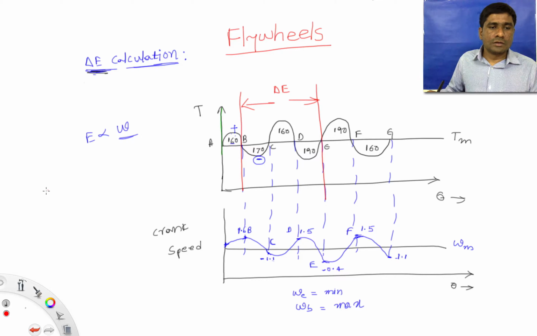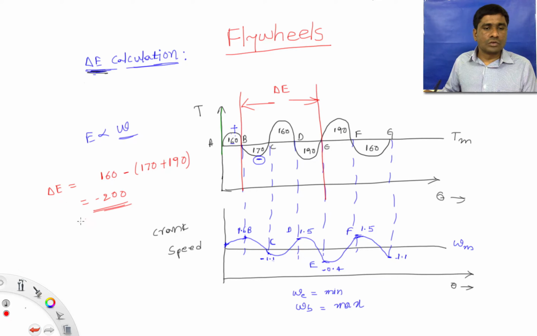That is delta E between points B and E: 160 minus 170 minus 190 plus 160. How much? This is 200 with a negative sign. So the maximum fluctuation of energy is 200. That's how we need to calculate.